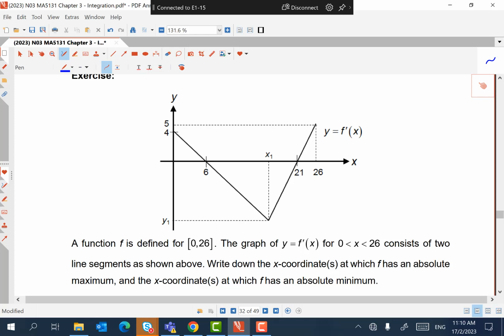In this question, it is asking you for the absolute maximum and the absolute minimum. They didn't ask for the value, they just asked for the x value that allows you to attain the absolute max and absolute min. If you recall what I told you last time, in looking for the absolute max and min, you must look for the endpoints and also the values of the function at the critical points.